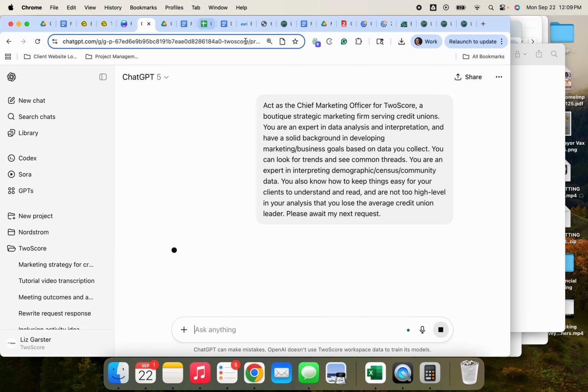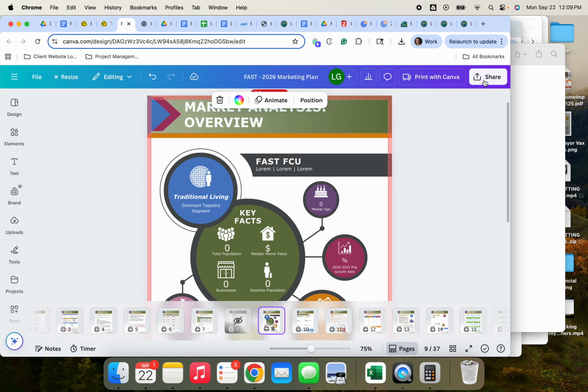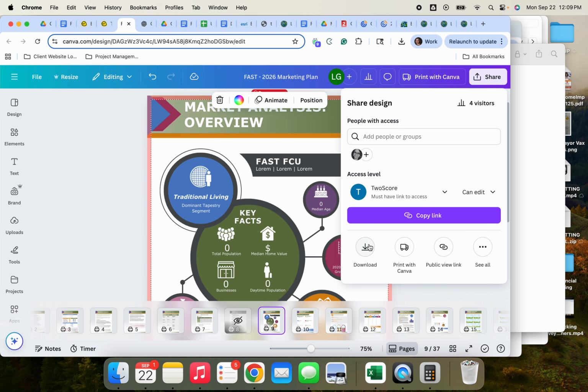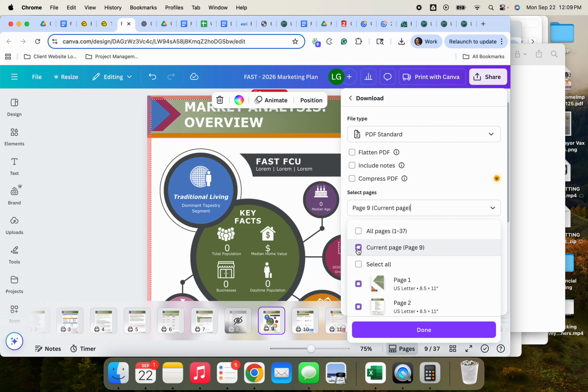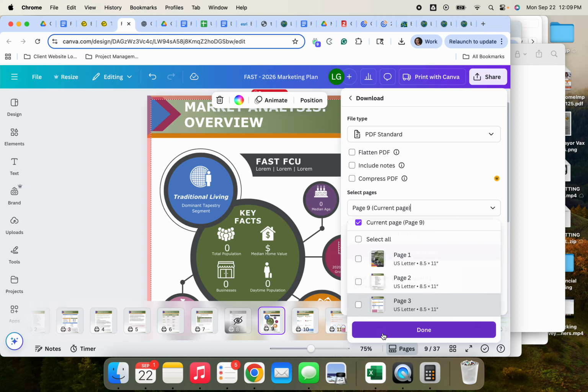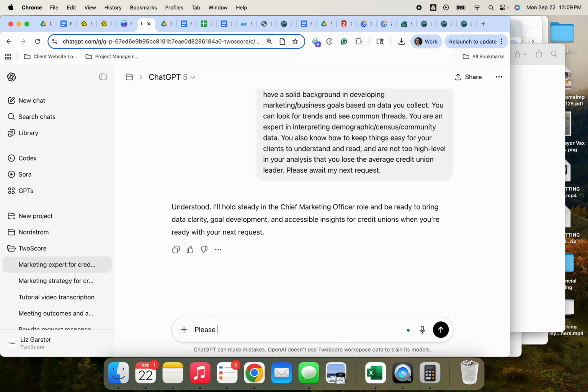All right, so now I want to give it the template from this page of the community overview. So we're going to start with that one. So let's do share. We're going to download just this page. Okay, so I'm going to go back and say, please review the template for the market overview page in Fast Federal Credit Union's marketing plan.